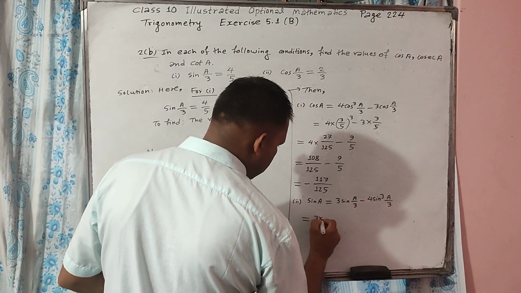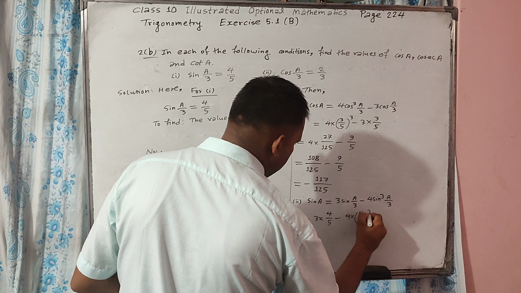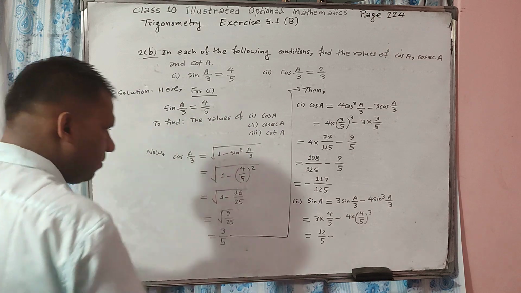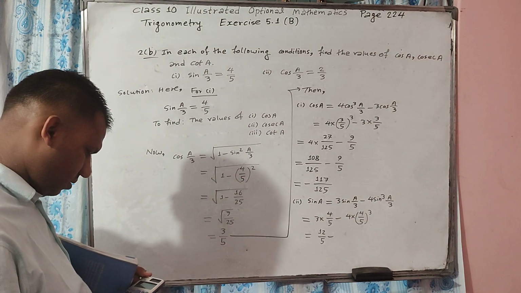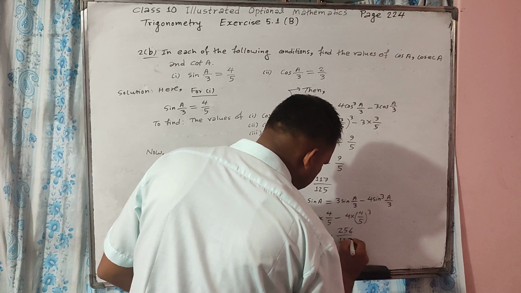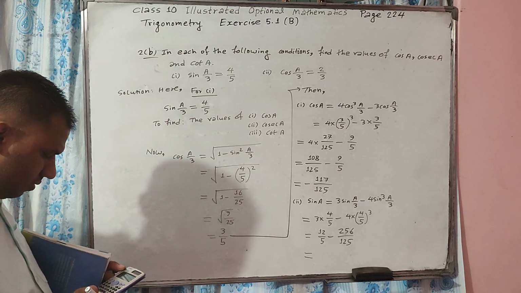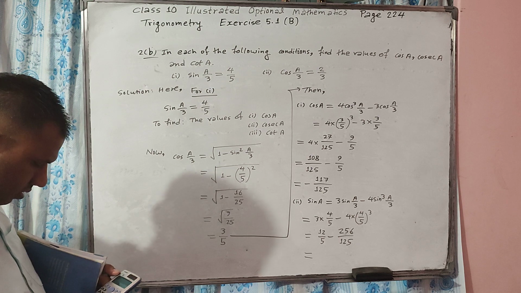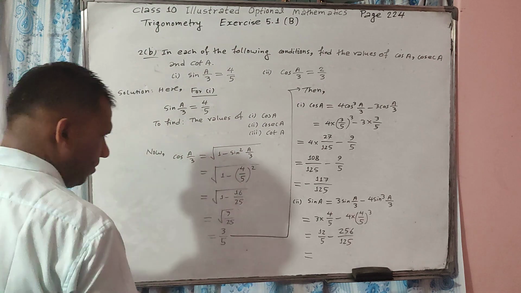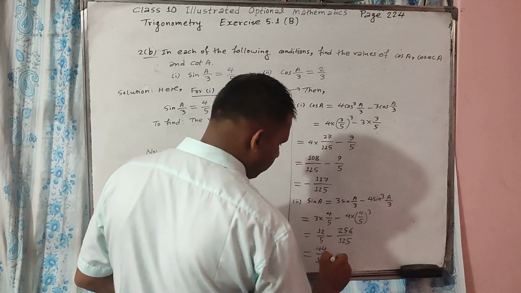So 3 into 4 by 5 minus 4 into 4 by 5 whole cube will give 12 by 5 minus 256 upon 125. That is 44 upon 125.